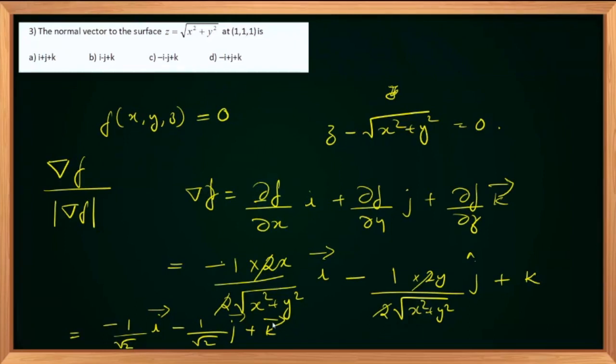What is dou by dou x? Okay, I think there is no answer in this. Let me check where I took this question from. I don't know whether I missed the printing part of the options also.